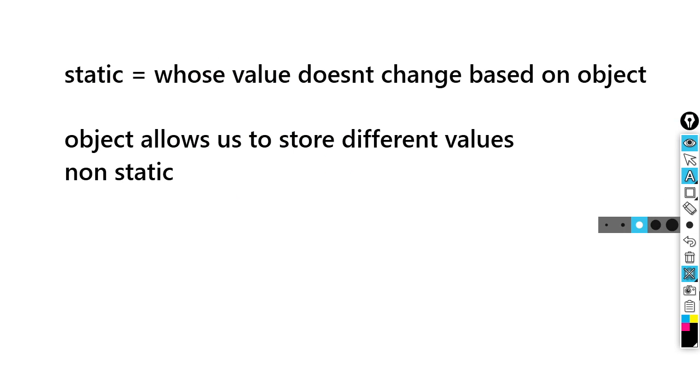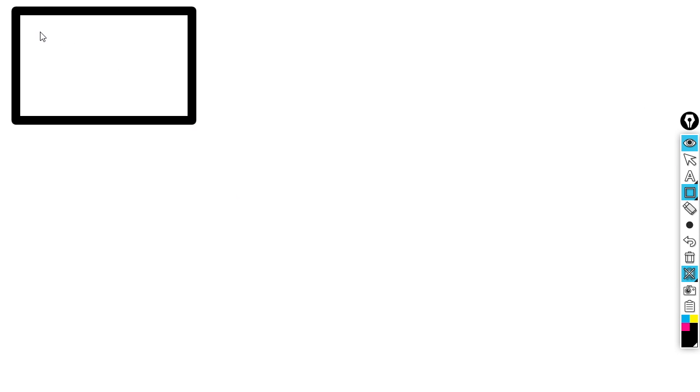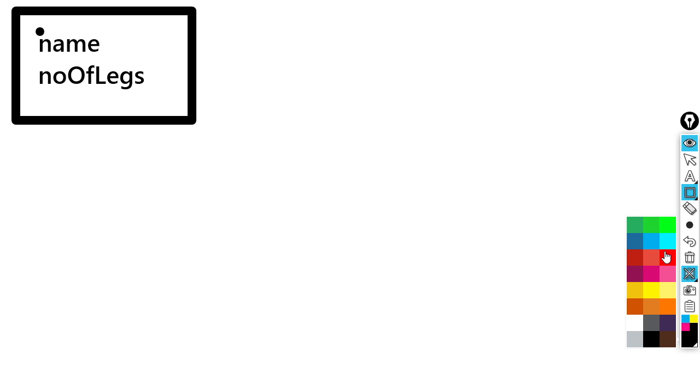This means that here, this was the class. It had two things, say name and number of legs. If I specify number of legs as static, I can access it directly.